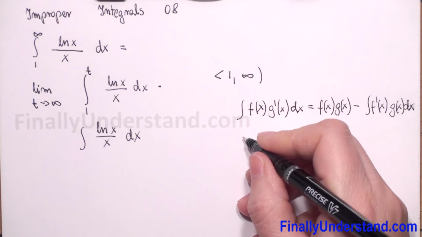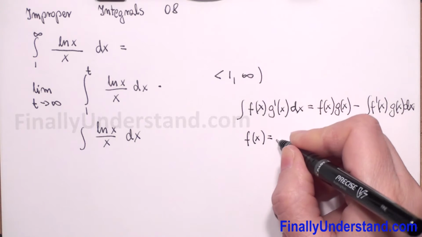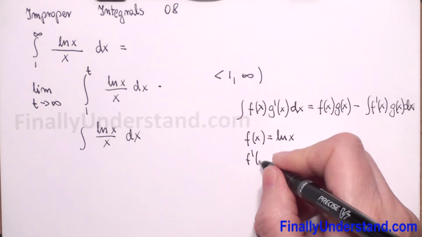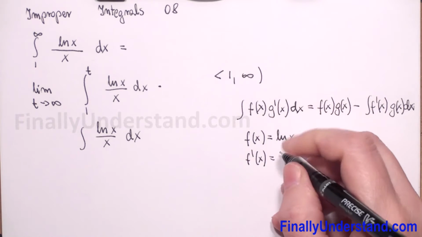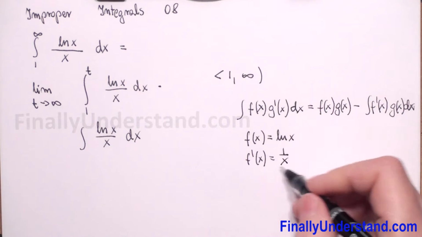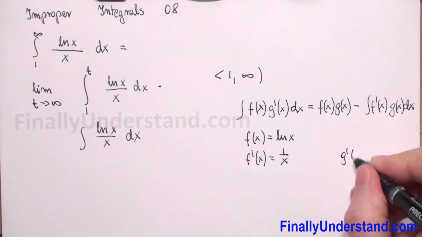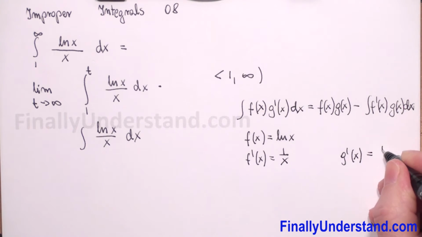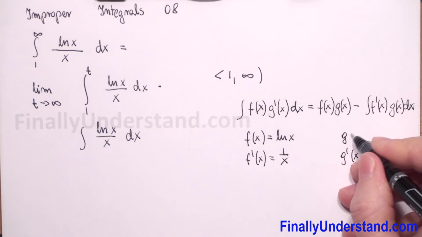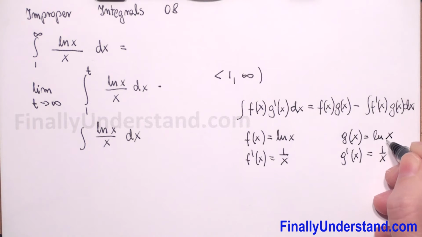In this example, we will put that f of x is equal to natural logarithm of x. Why? Because f prime of x will reduce our natural logarithm, and the derivative of natural logarithm will be 1 over x. So we don't have a natural logarithm now, and we will put that g prime of x is equal to 1 over x. So g of x is natural logarithm of x.